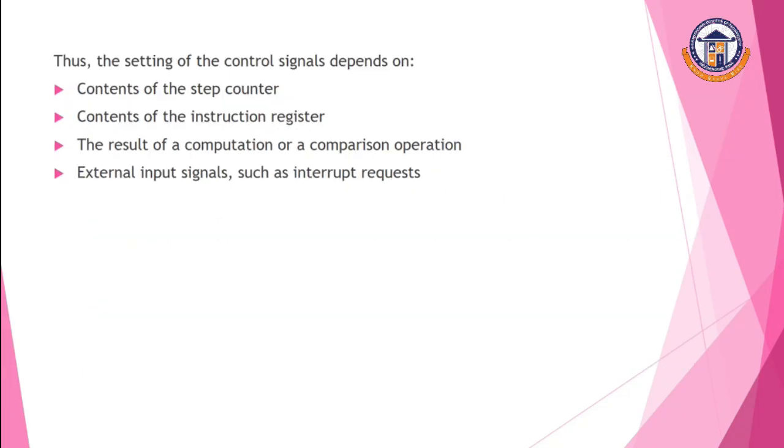In all, the control signals will be generated based on these four inputs: the content of the step counter, the instruction register, the result of a computation or comparison, and external input signals such as an interrupt request.